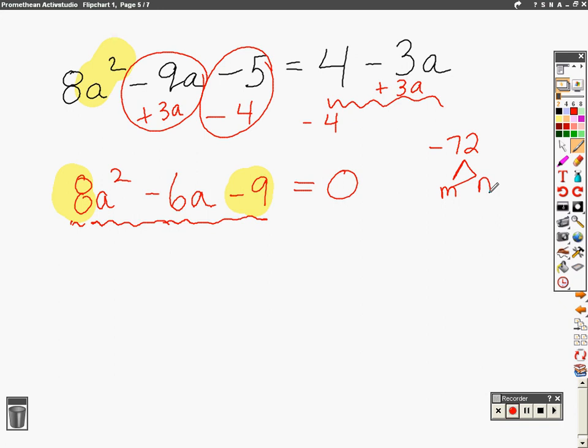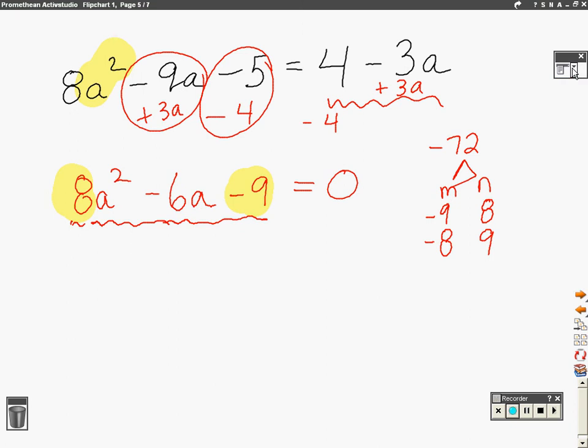All right, well, we know negative 9, positive 8. Negative 8, positive 9. And do either of those add to our middle term, which is negative 6? No. So now we got to think a little harder. What other things get me negative 72?